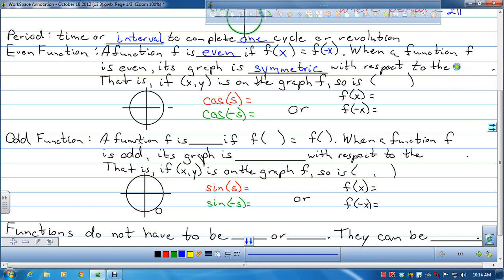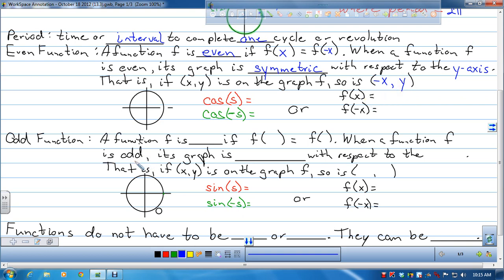That is, if (x, y) is on the graph of f, then what else is going to be on that graph? Well, if it's symmetric with respect to the y-axis, then (negative x, y) will be on that graph.